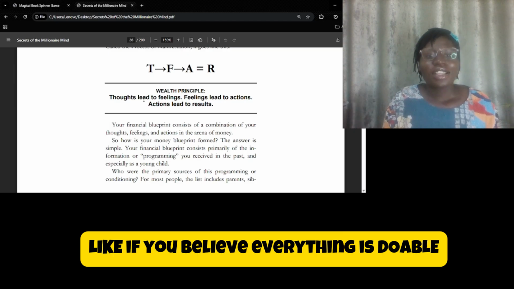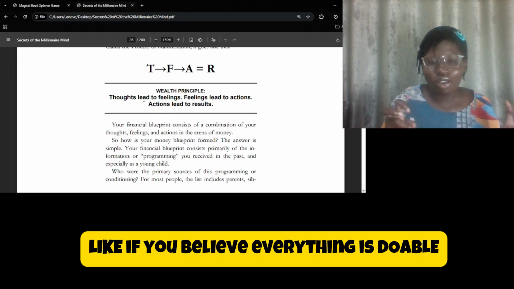Thoughts lead to feelings, and so that poverty thought leads to a certain feeling of you're not worthy, you are not worthy to be rich, something like that. Then those feelings lead to certain actions.